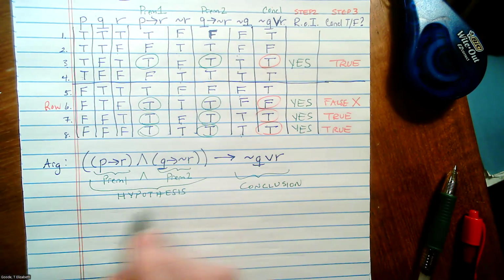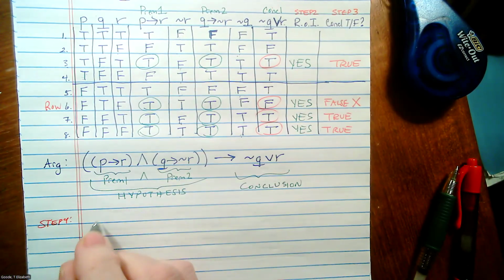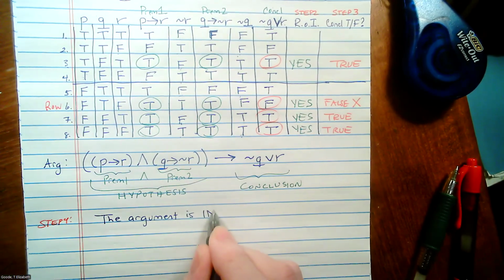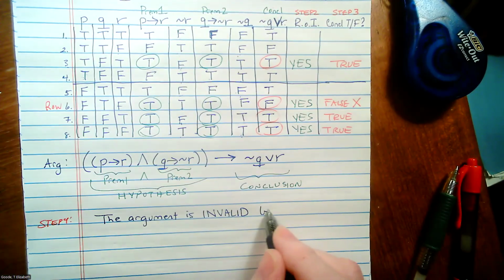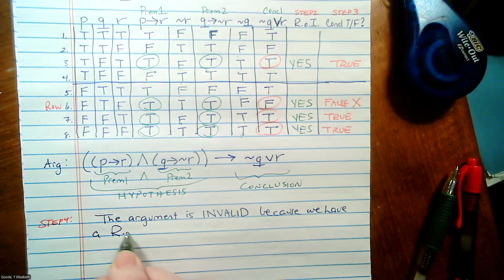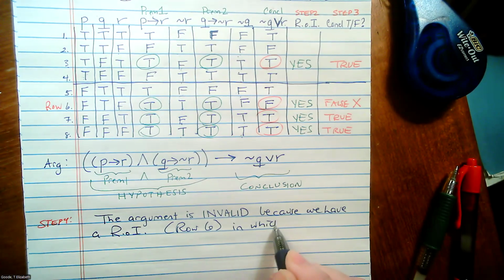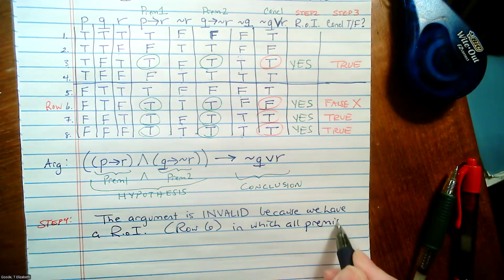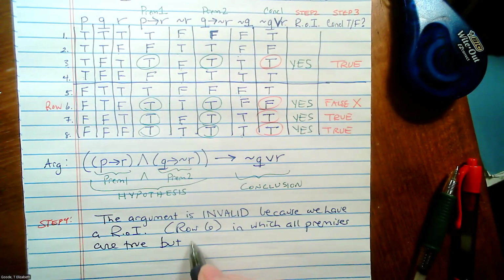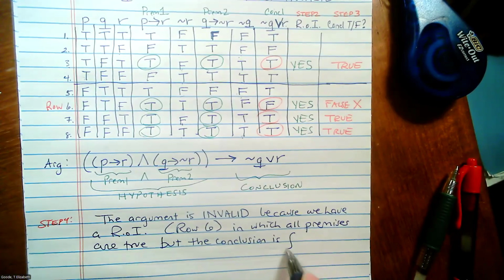All right. Well, anyway, let's write up our step 4. What do we think? Well, the argument is invalid because we have a row of interest, row 6, be specific, in which all premises are true, but, or you could say and, but this is a good place to say but the conclusion is false.